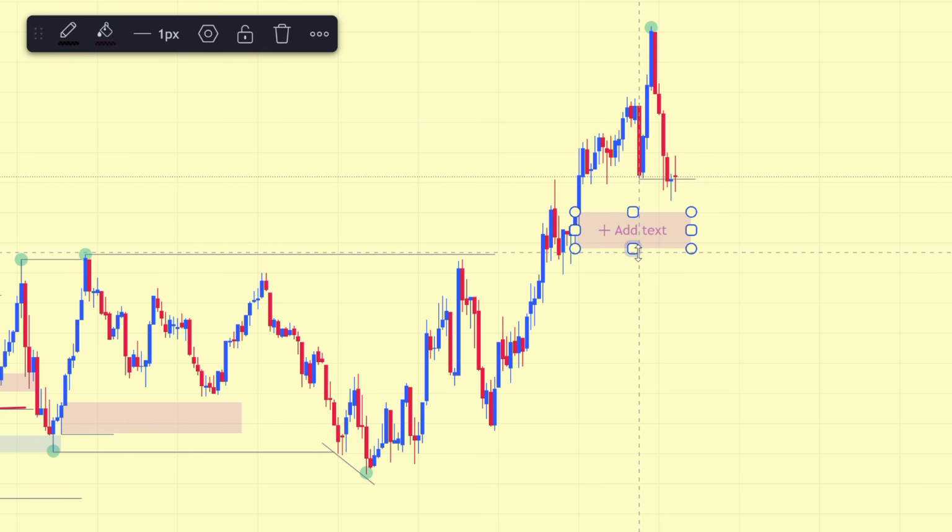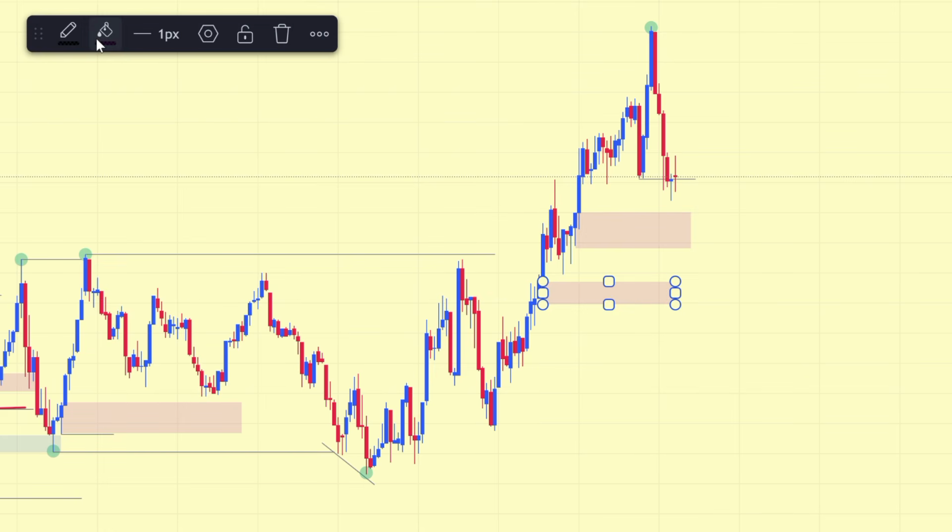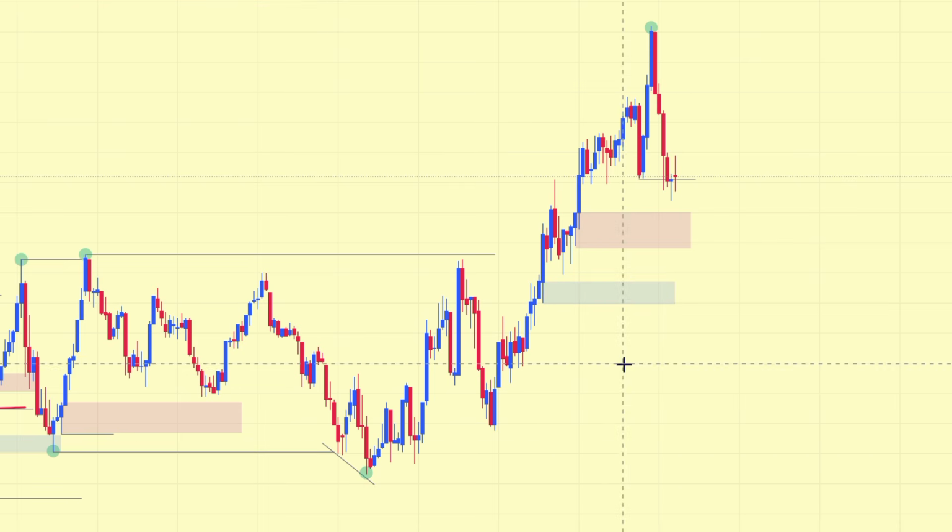Is it purple? I don't know what color that is, but that's the color that I use for the smart money trap. And of course, this one here will now be the decisional, because that's the one that caused the break of structure. So I'll be using the color blue to confirm a bullish zone.